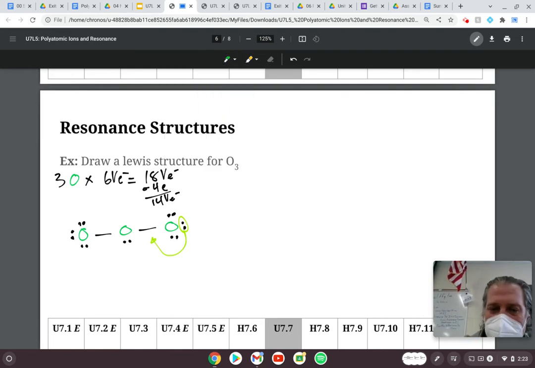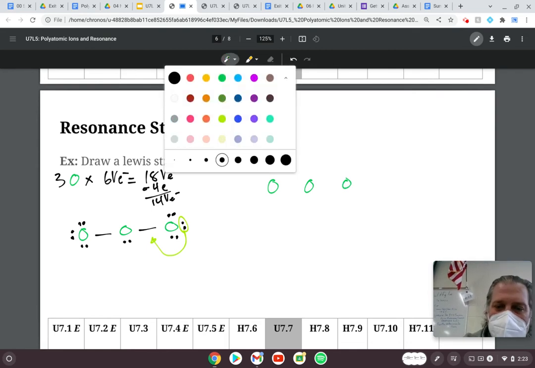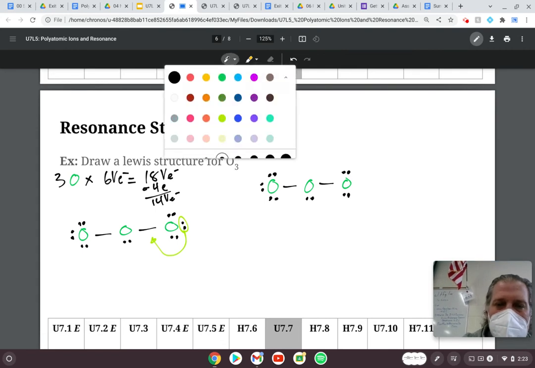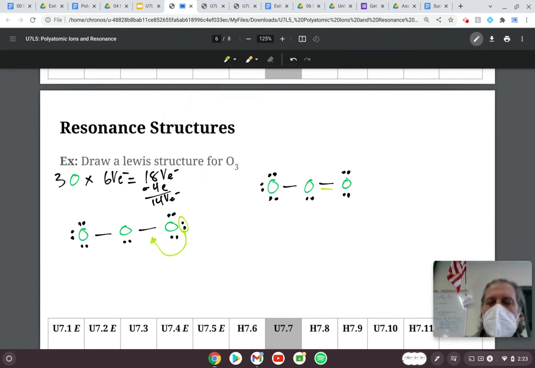So it's going to look something like this. So now in this case, the oxygen on the right has 2 bonds, 4 electrons, and 4 dots, 4 electrons. So that adds up to 8.